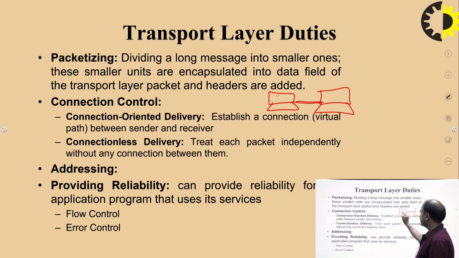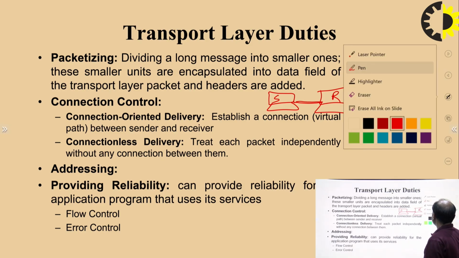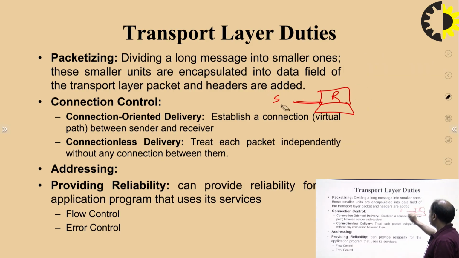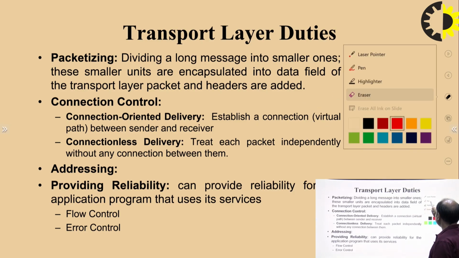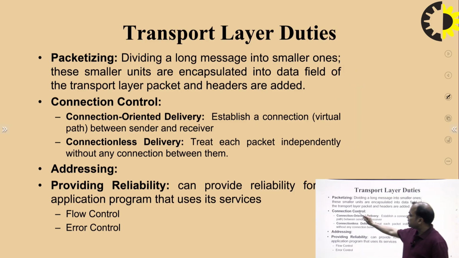This is the sender computer, this is the receiver computer, and we create a virtual path between them. This is connection oriented delivery. We connect one system to another, and then we are ready to deliver the data. So TCP/IP provides connection oriented delivery of data from one node to another.